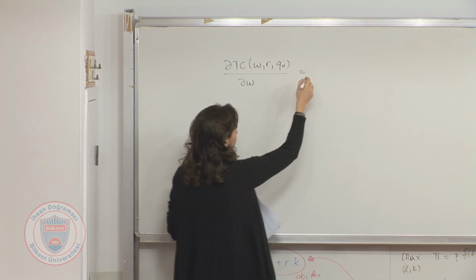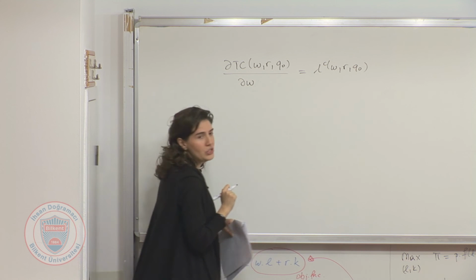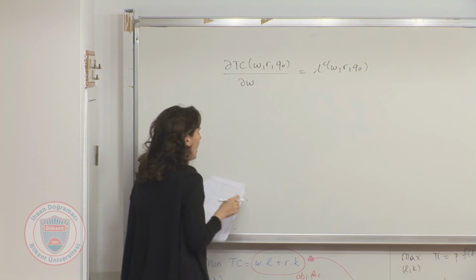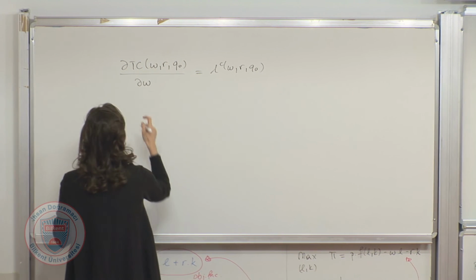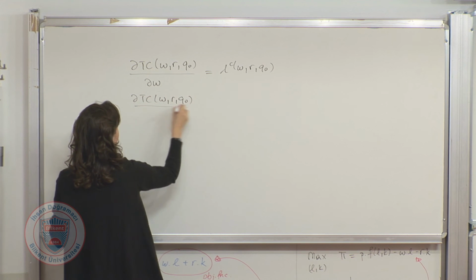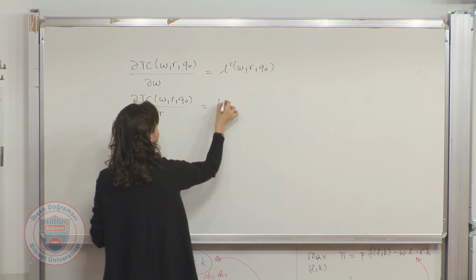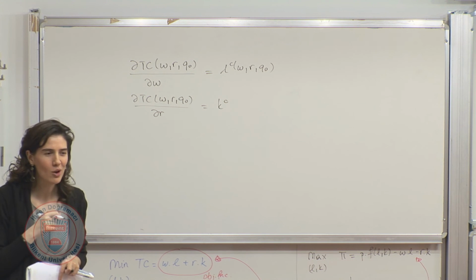So you guys know it. Don't be afraid, just say it, right? So this is the conditional input demand. And this was called what? Do you remember? The guy who found this, so let's praise the guy. What was this called?